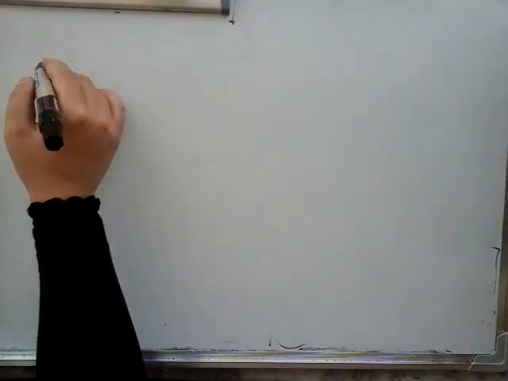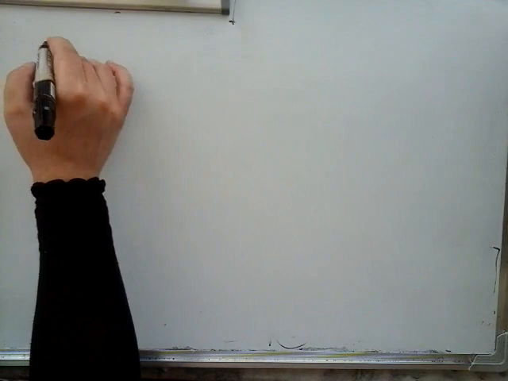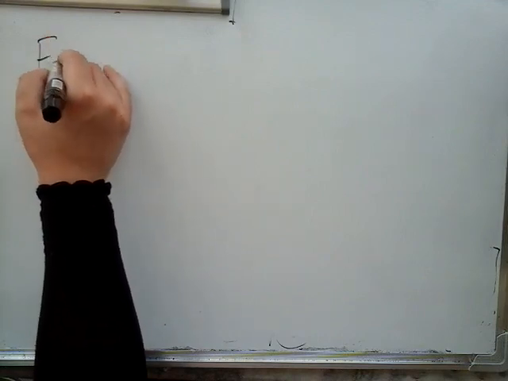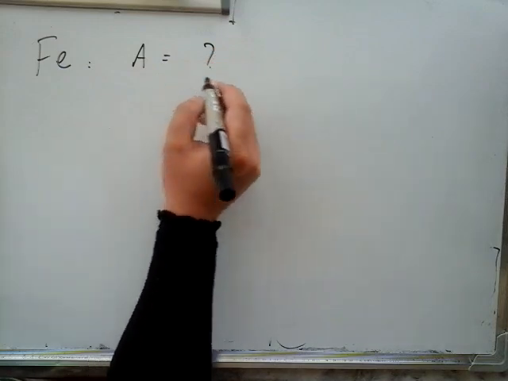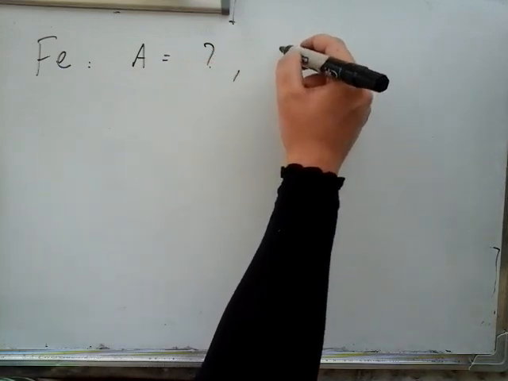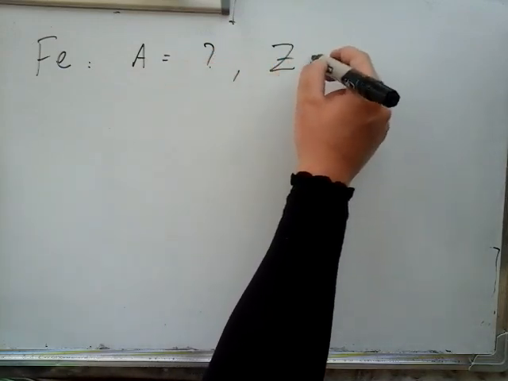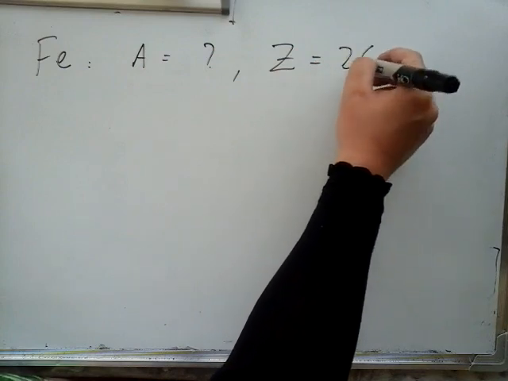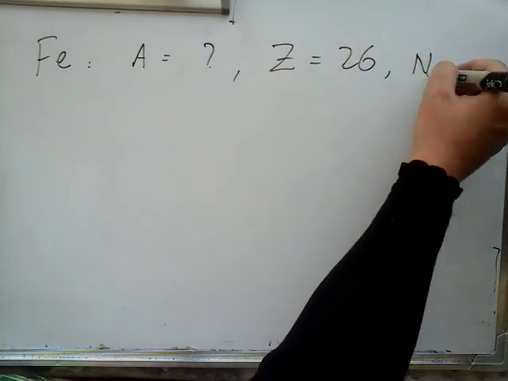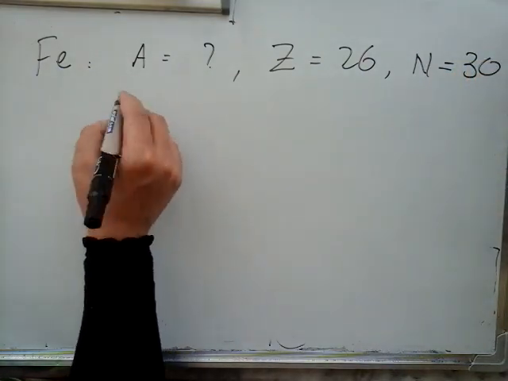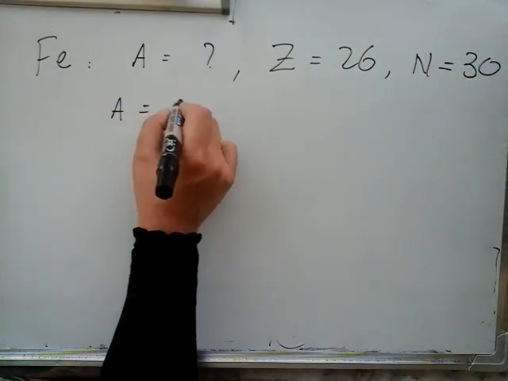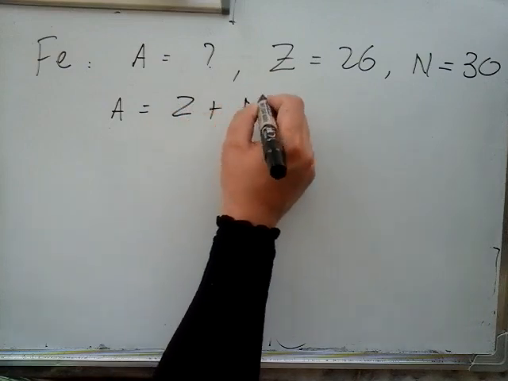In the same way you can easily find the atomic number and mass number. For example, let's suppose iron. Here we do not know the mass number, and the atomic number is given, that is 26, and the neutron number is also given, which is equal to 30. We know that mass number is equal to atomic number plus neutron number.